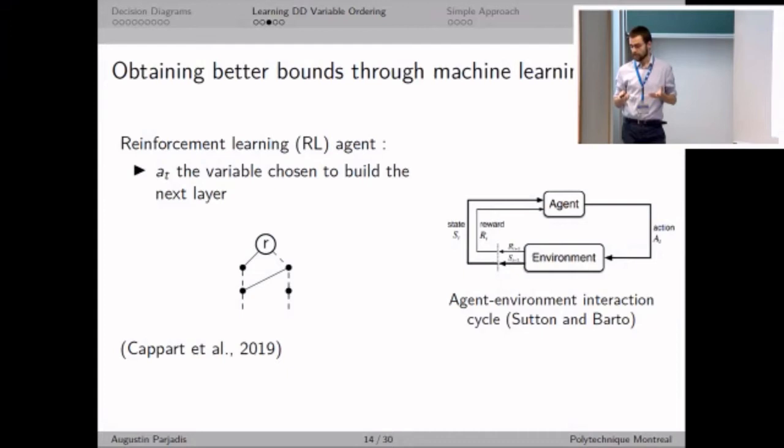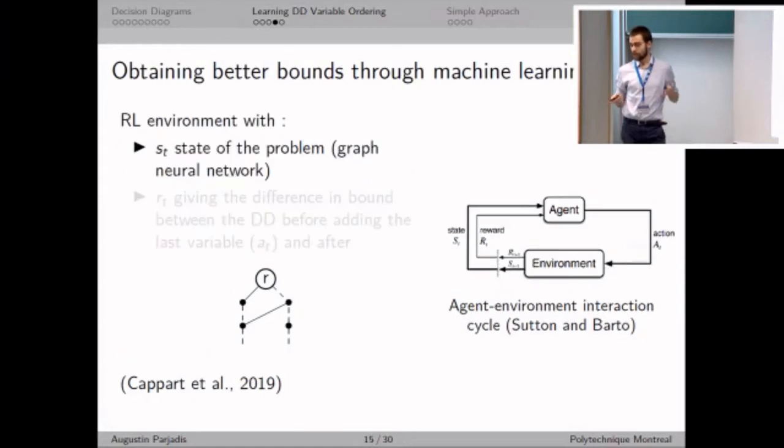In our case, the action the agent could take is selecting variables to be added one at a time in the decision diagram, and it does so by observing the state of the problem. In the case of the maximum independent set, the state is entirely defined by the graph of the problem, so we can use a graph neural network for our agent. It will learn to represent the graph to then select good variables to order.